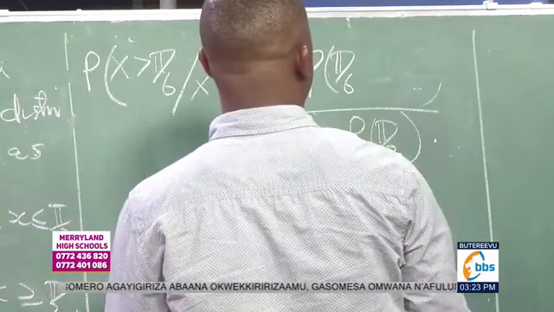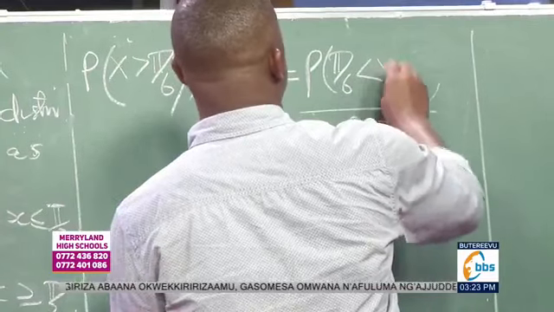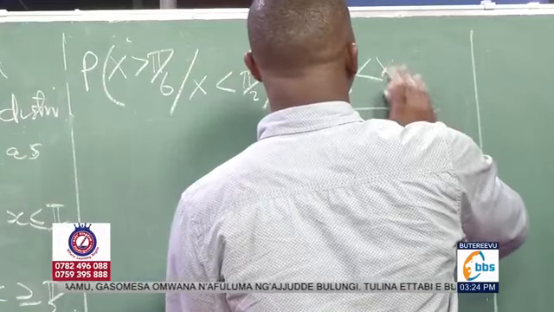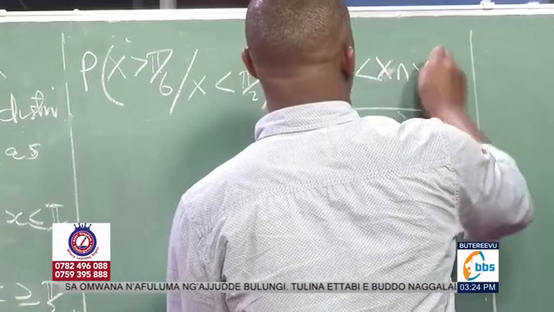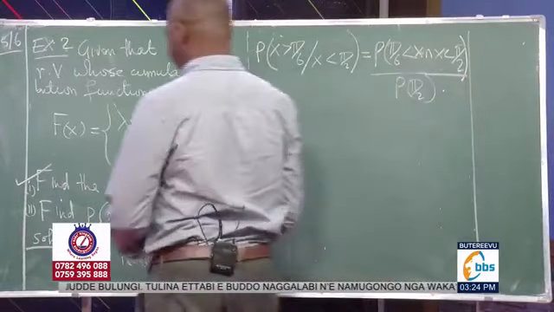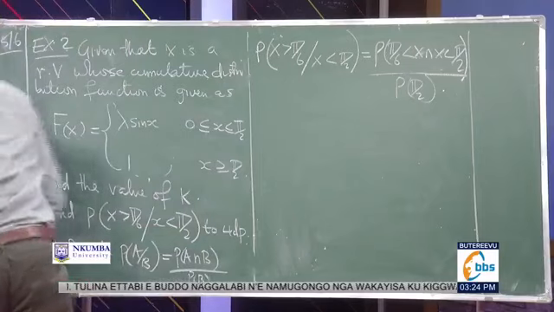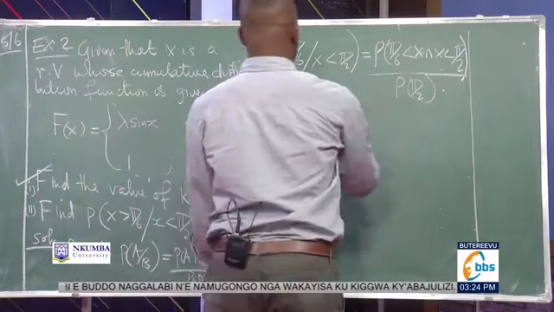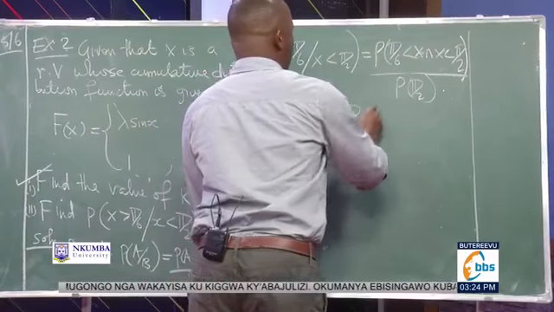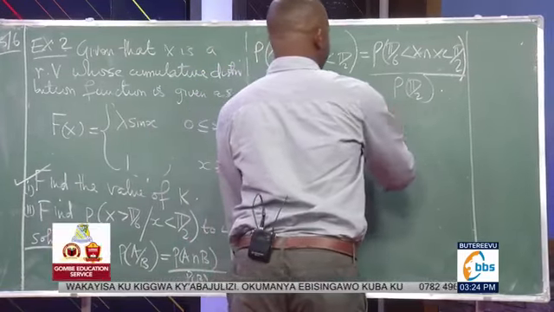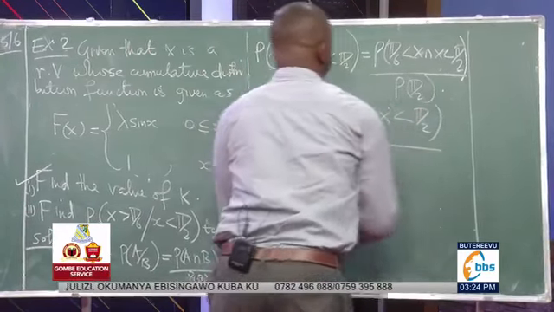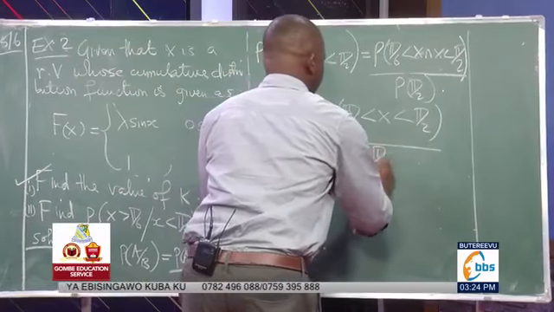Okay, I need to bring in the x. P of pi by 6 less than x intersection x less than pi by 2. So this implies that we are looking at the probability of pi by 6 less than x less than pi by 2 over the probability of x less than pi by 2.